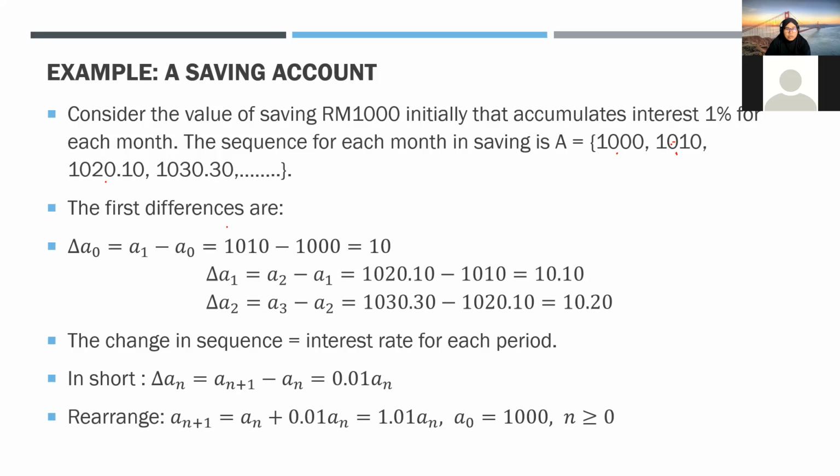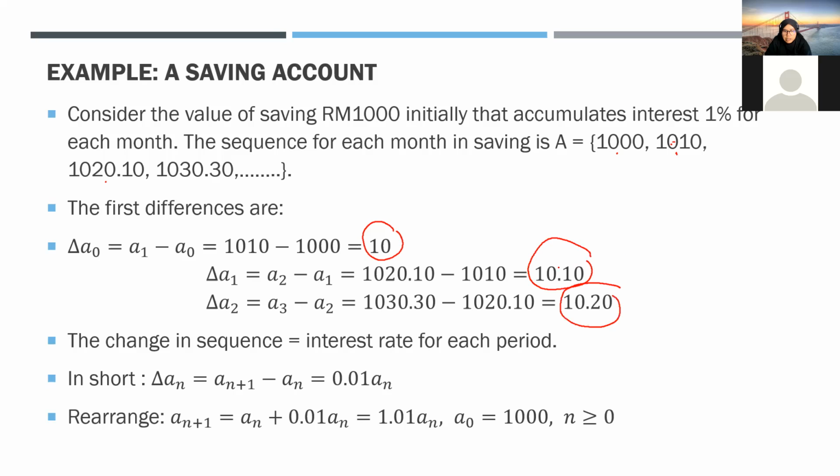Okay, and you need to see the first difference. We want to see the sequence of the first difference, second difference, third, and so on. So if we do this, we can see that the first difference is 10. The second difference is the current minus the previous, this one and this one.